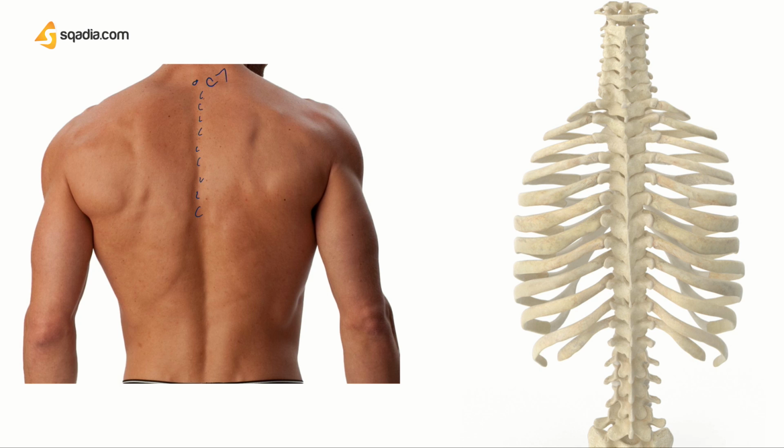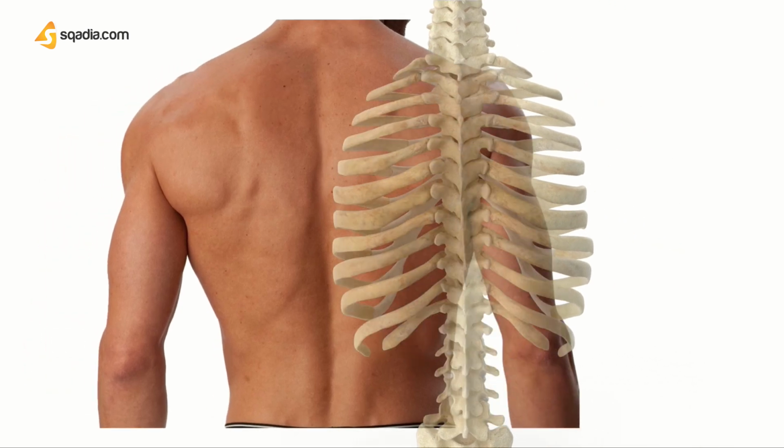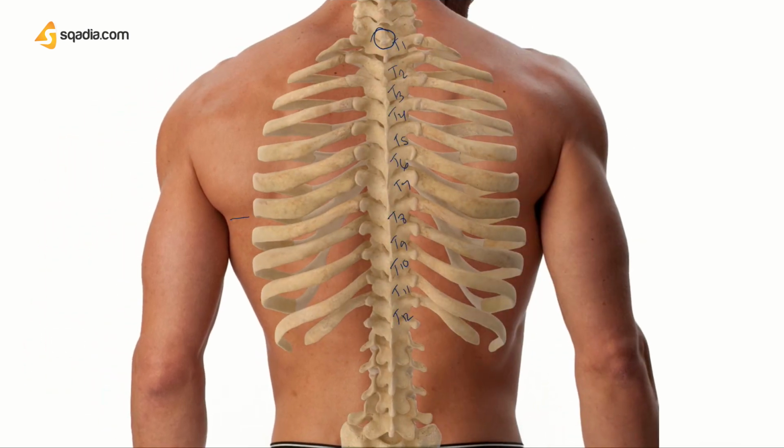And this would lead you all the way down, and you can also use this level over here. As we discussed, the scapula lies at the level of rib 7. Take a look. And that would take us to the T8 vertebra.